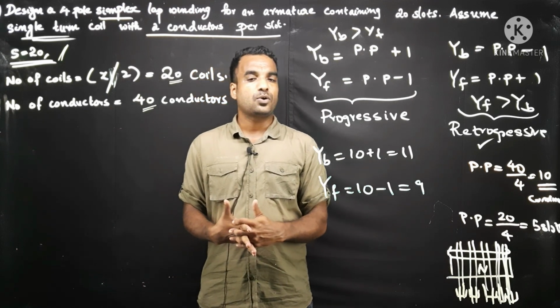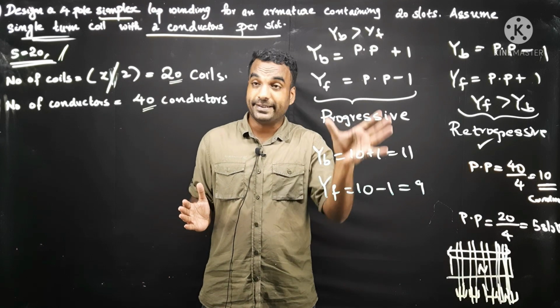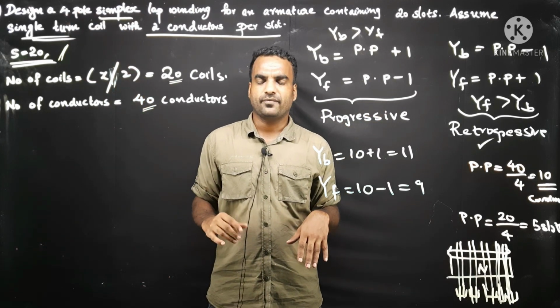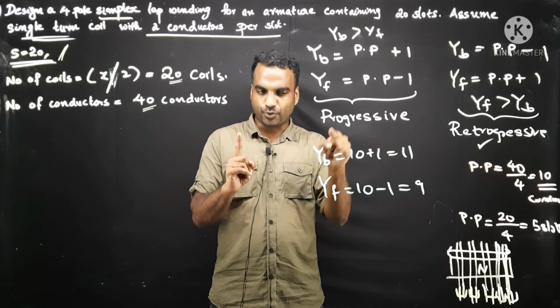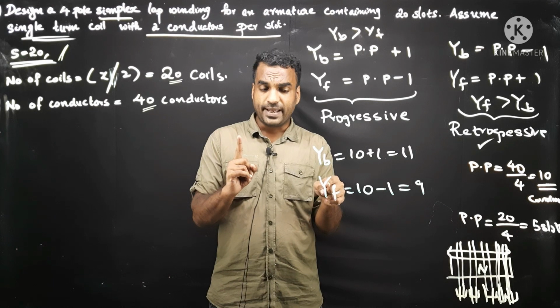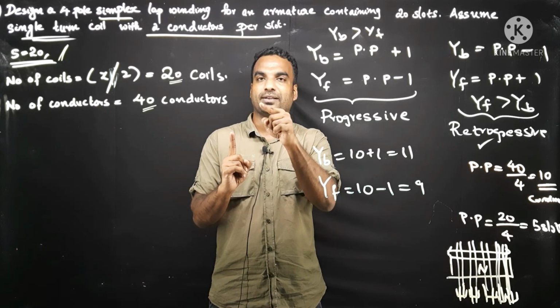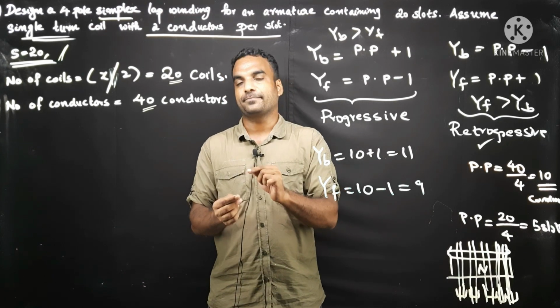Okay, so now it's time for drawing the winding table. The winding table is actually a lengthier table. The winding table tells you from the first conductor to which conductor you have to go, and then you have to front connect to the next coil, to which number of conductor you have to do the connection.